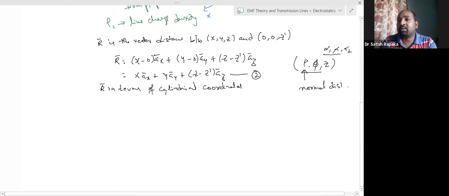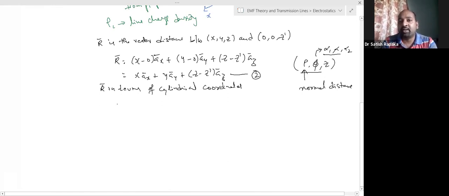Rho is the normal distance and phi is the angles, alpha 1, alpha 2, those are the angles. And z is the z coordinate, therefore rho, phi, z.